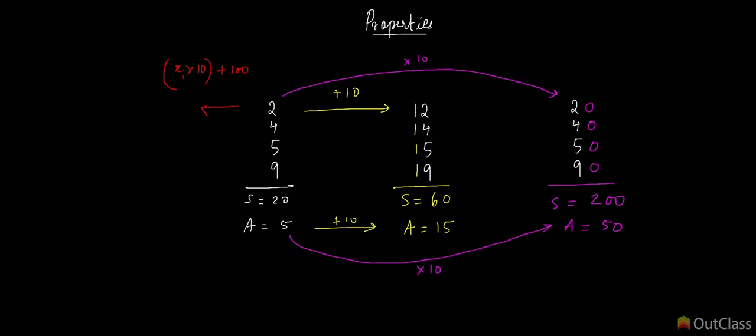So 2 becomes a 20 and then becomes a 120. 4 becomes a 140, 150, 190. What happens to my average? It becomes 150, because it is also being multiplied by 10 to become 50, and then increased by 100 to become 150. So these two properties that we just discussed, you can use them together as well. It will still hold.